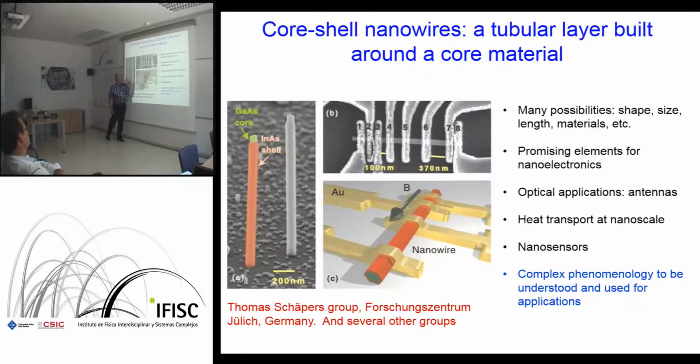By attaching these gates or contacts, they can actually probe the conductance of only a segment of the nanowire. And they observe the shape, which tends to be a hexagonal cross-section. I will come back to the cross-section a little bit later.